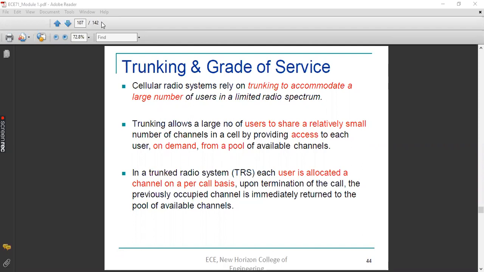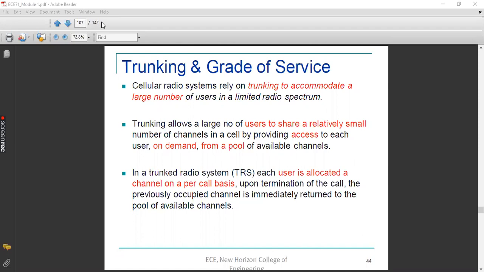Now, the thing is that at all times, the server will not be able to provide a channel to the subscribers, because whenever a subscriber requests a call in the busy hour, like the peak traffic hour, like office times, there can be situations where all the available channels in the pool are busy.